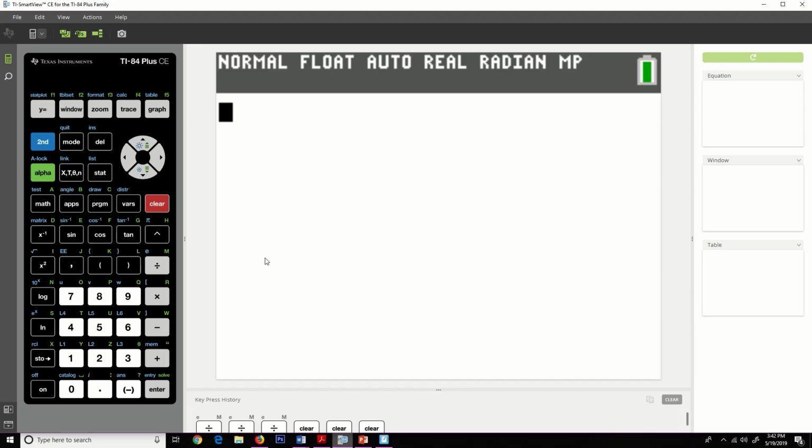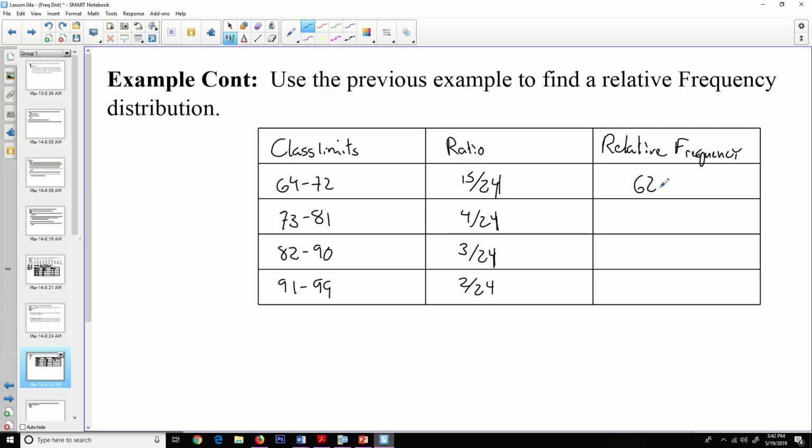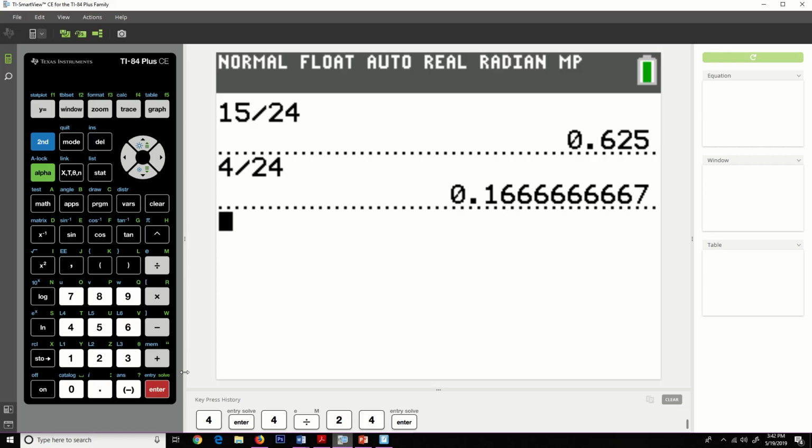So if I grab my graphing calculator, it'd be 15 divided by 24, oops, I did that upside down, sorry about that. We'll get 0.625. And we move the decimal place 2 places to the right so that we can change the decimal to 62.5%. So 62.5% of the data lies in the first class, and then 4 out of 24 gives me 0.166.